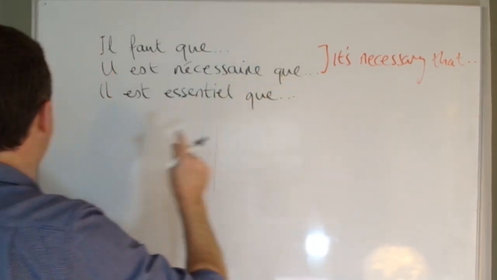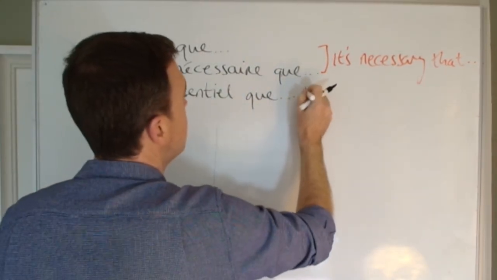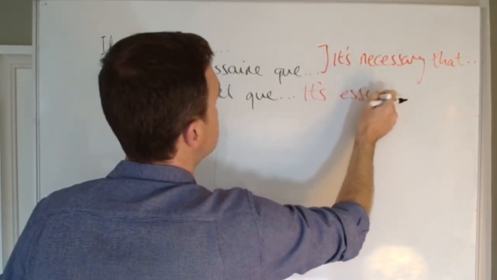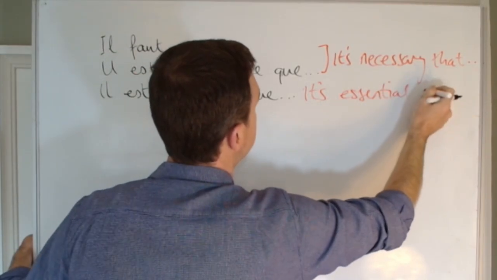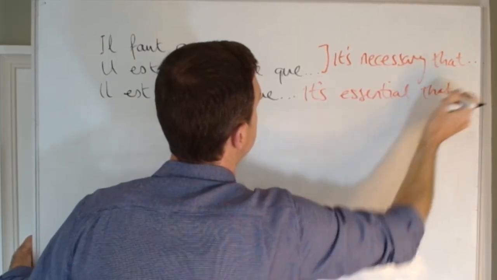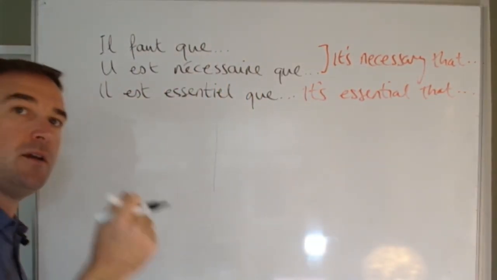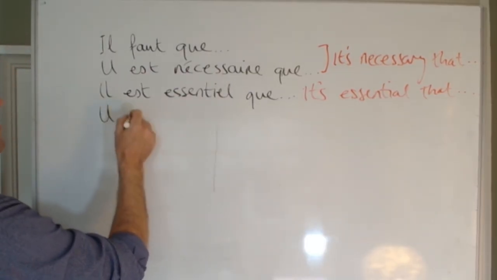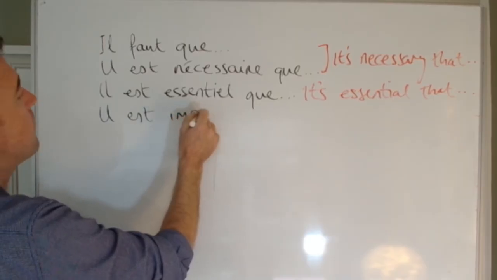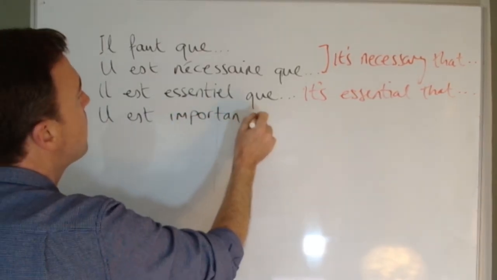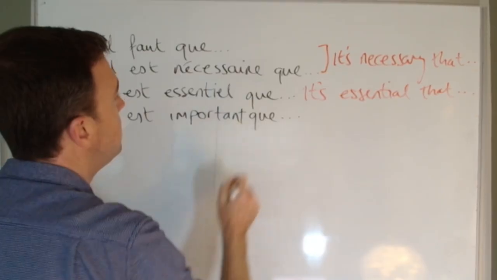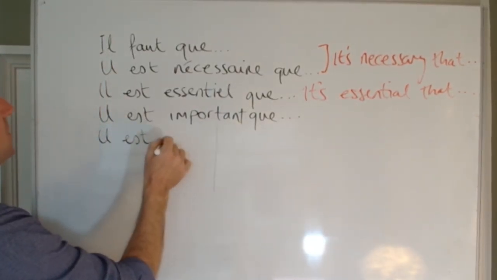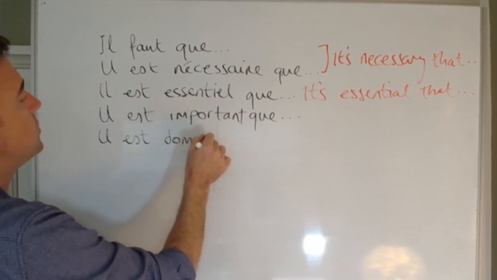Now, there are lots and lots of these subjunctive clauses, but we're just doing the nutshell version. So I'm just going to give you 6. We're going to take it that those 6 are the only ones we need. They're the only ones we're going to use. Il est important que. It's important that. Il est dommage que. Quel dommage.